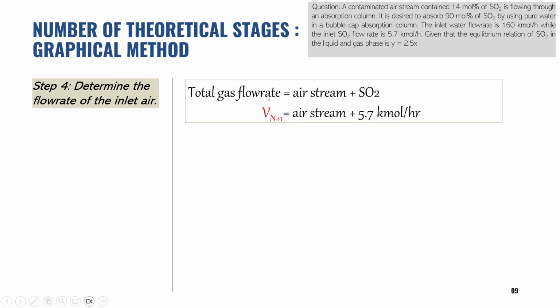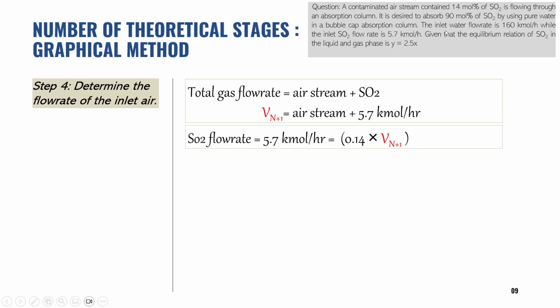As we know, the total gas flow rate entering the system is the combination of the air stream and SO2. So Vn plus 1 is the air stream added to 5.7 kmol per hour. We also know that the SO2 flow rate is 5.7, and the mole fraction of SO2 is 14 mole percent.